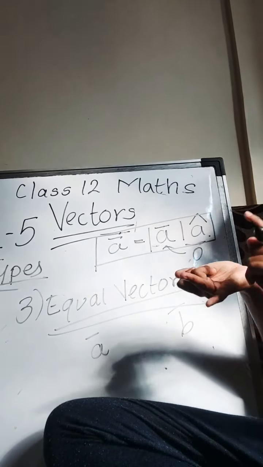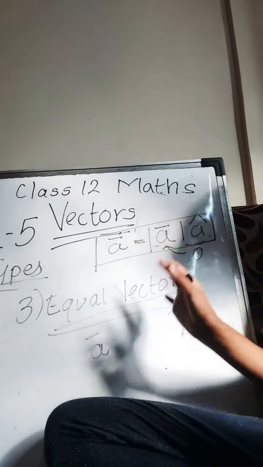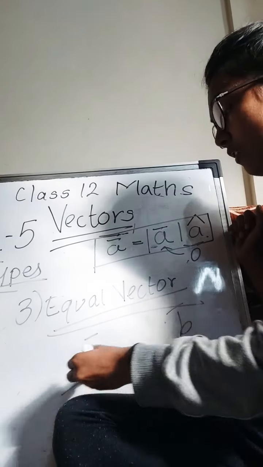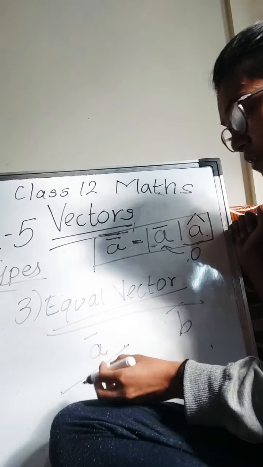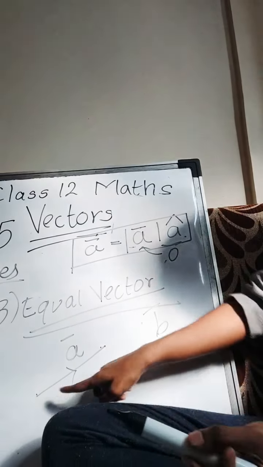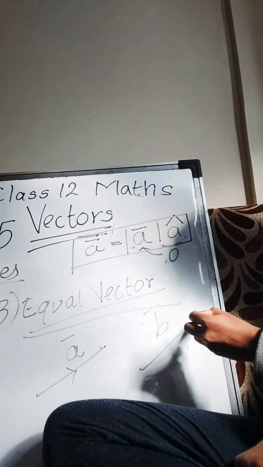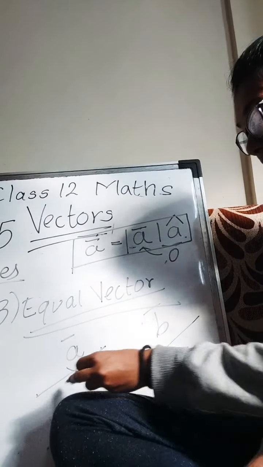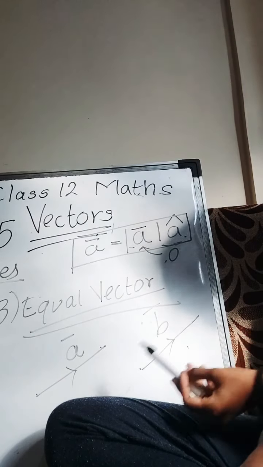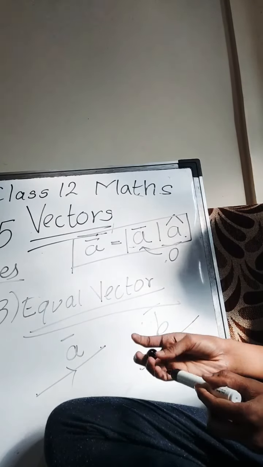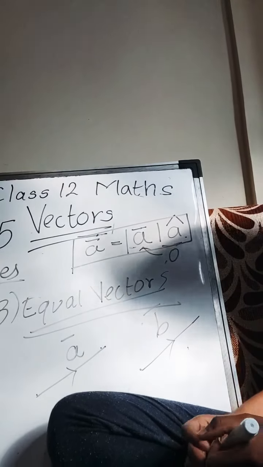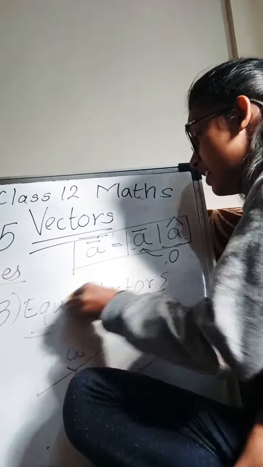Also magnitude and also direction both should be equal. So if this is 5 units, the length is 5 units, this should also be 5 units, and the direction should also be the same. So then these are equal vectors. Very simple, isn't it?